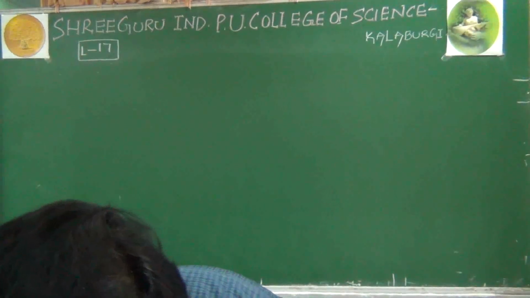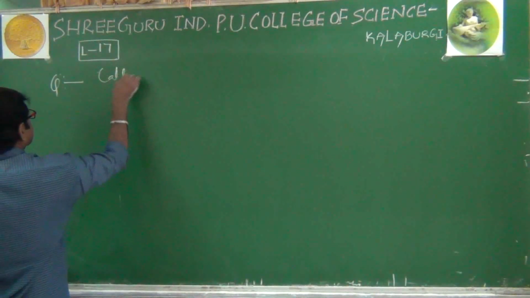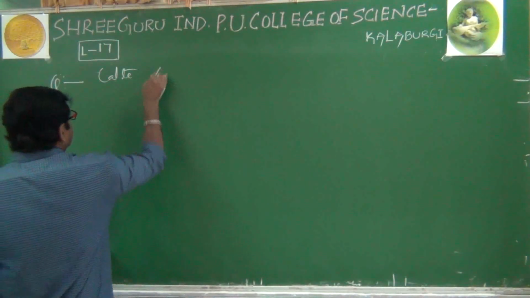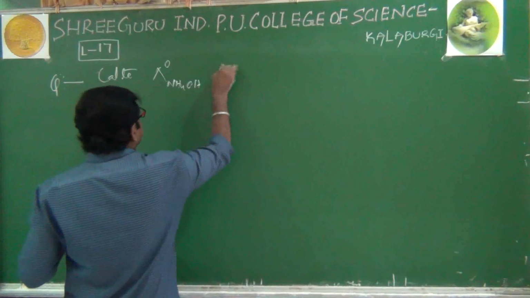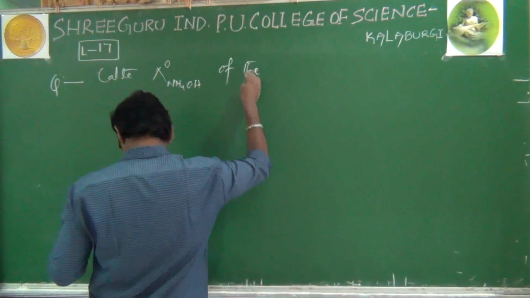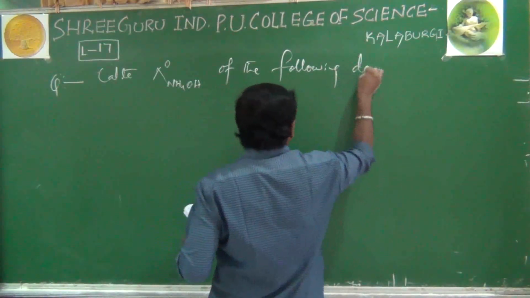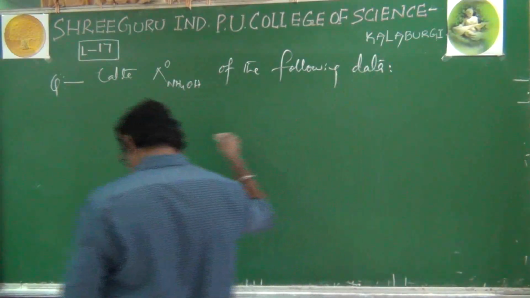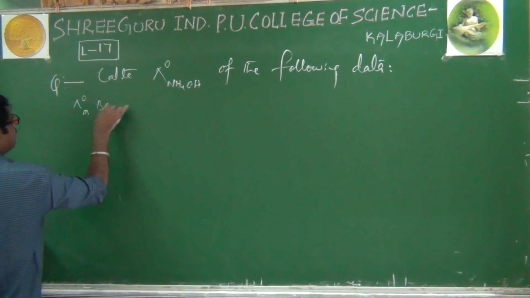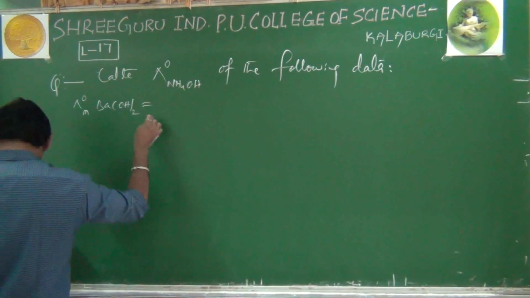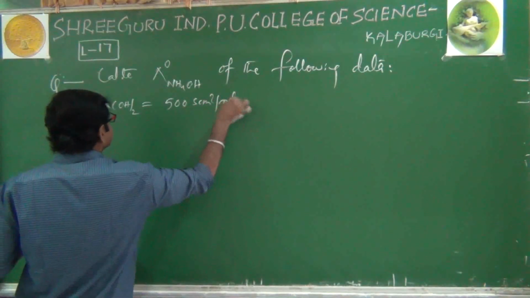Next question is like this. Calculate lambda naught of ammonium hydroxide from the following data. Now we'll see the data. Lambda naught m, limiting molar conductance of barium hydroxide, is equal to 500 Siemens centimeter square per mole.